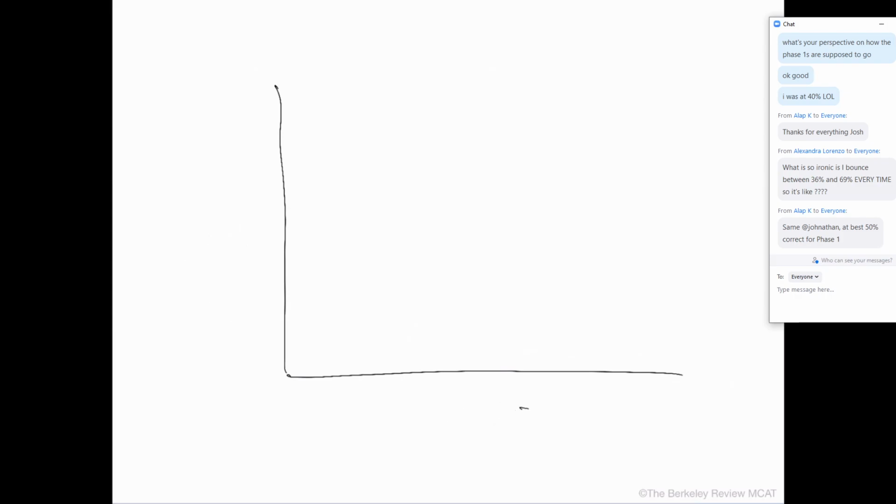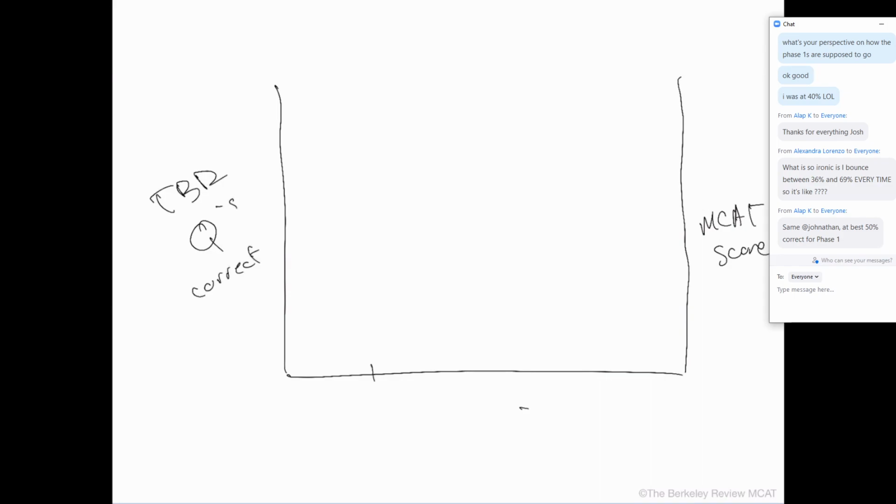It's both: MCAT score and TBR questions correct. And then you have the phases: 1, 2, 3, and FLs.